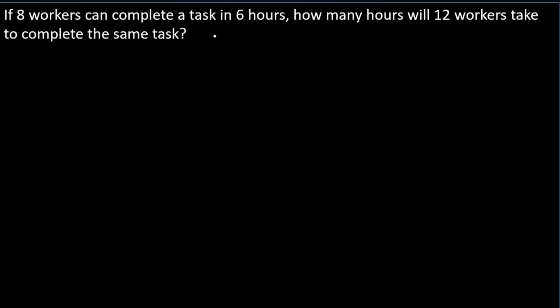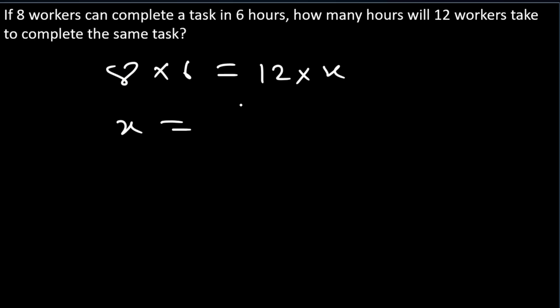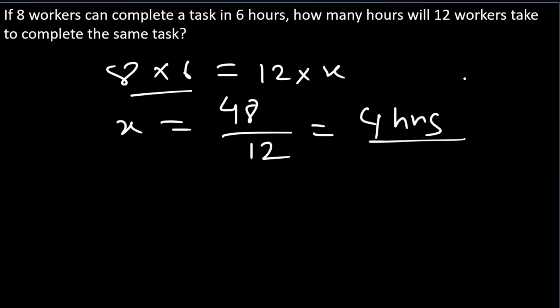Now, if 8 workers complete a task in 6 hours, how many hours will it take 12 workers to complete the same task? So here 8 times 6 equals 12 times x. So x equals 8 times 6, which is 48 over 12 equals 4 hours. 4 hours is required for 12 workers.